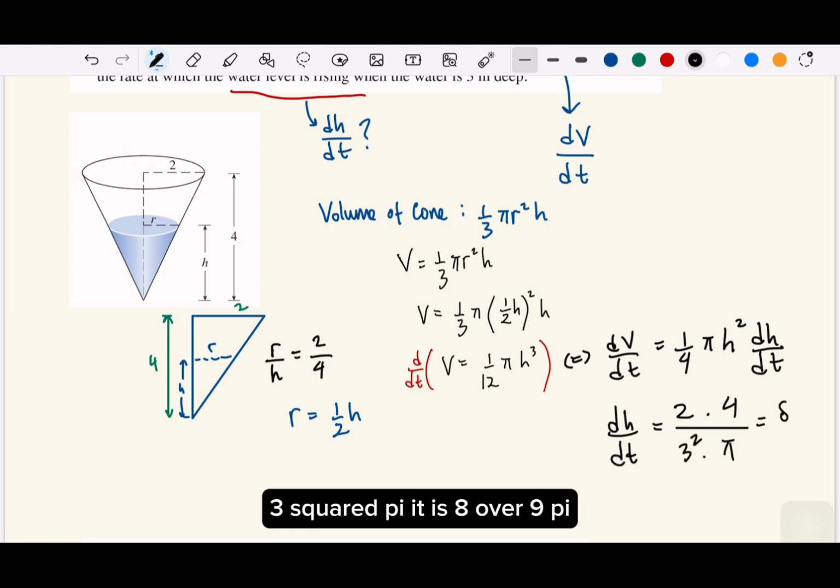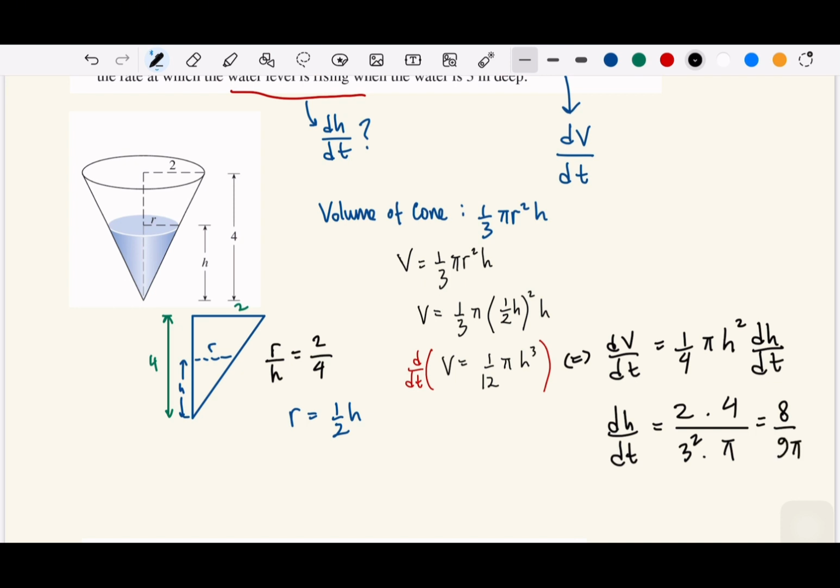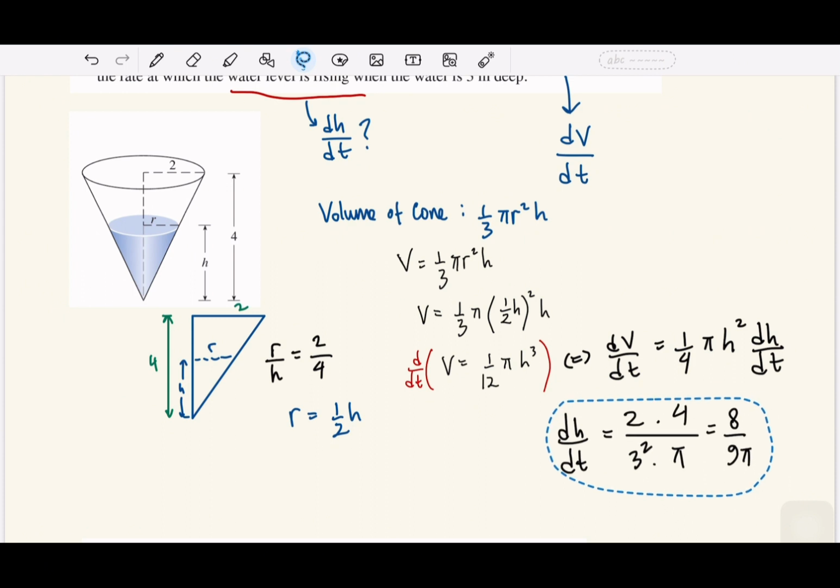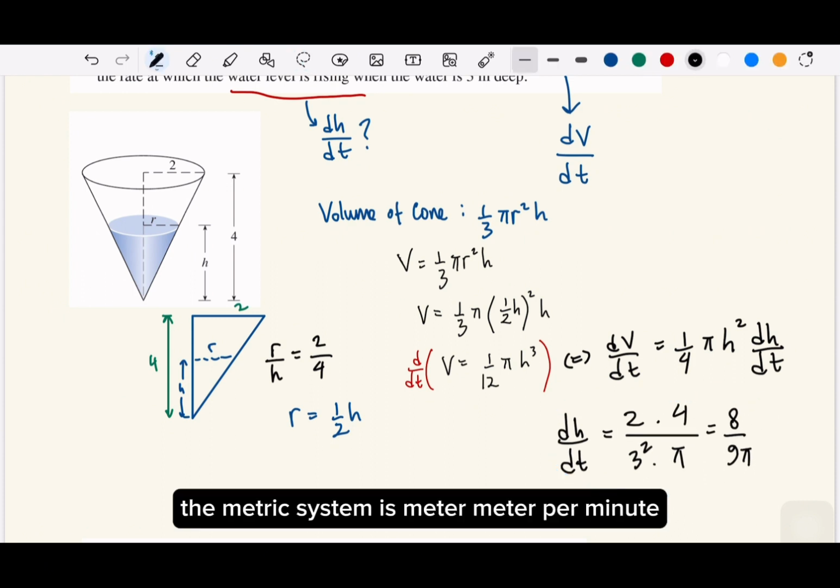It is 8/9 pi. The metric unit is meters per minute.